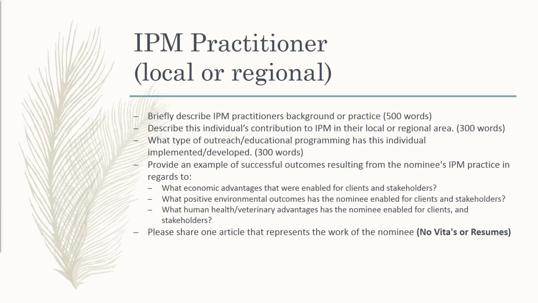If you were working in a wetlands area or something like that, were you able to do something to be good environmental stewards? Was there any human health or veterinary advantage? Again, going back to that environmental stewardship. What was this individual's impact on that locale or that region?